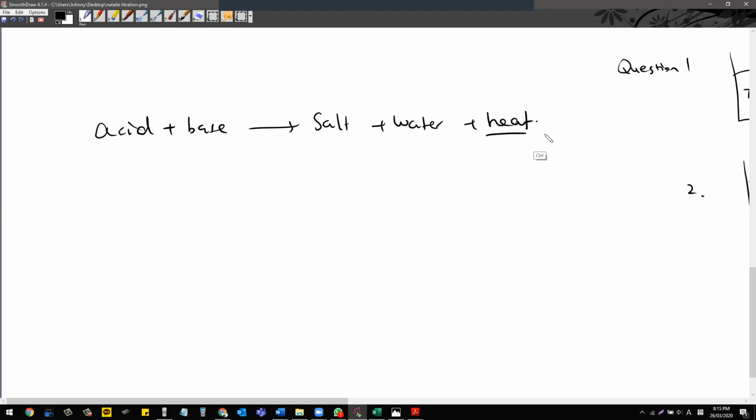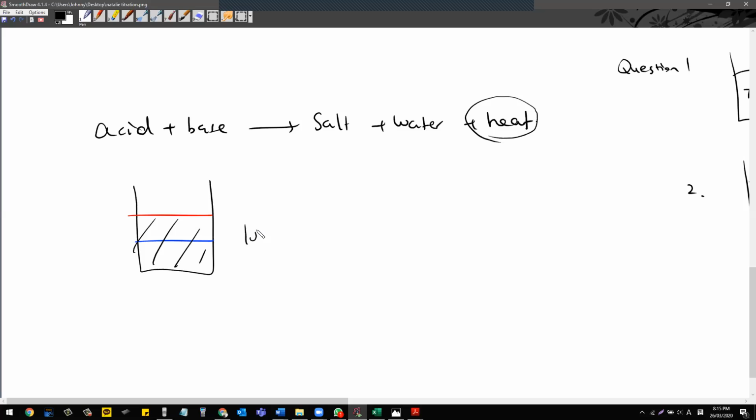Now, we put base and acid together, and we observe some temperature change from 18 degrees Celsius to, let's say, 22 degrees Celsius. Let's suppose this is 50 mL and 50 mL. Originally, each one of them was 18 degrees Celsius, but when you combine them together, it became that.